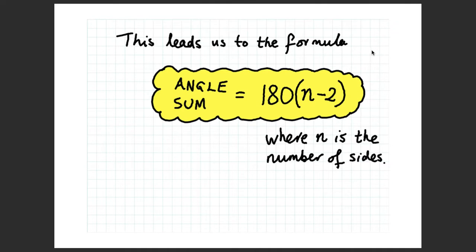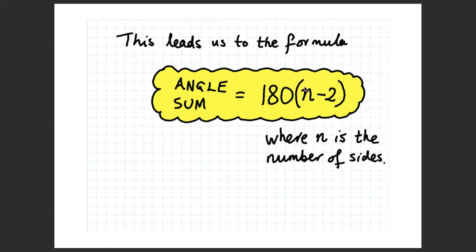So this leads you to a formula that the angle sum is 180 times n minus 2. So there's no symbol saying times between the 180 and those brackets, but when it's written like that in algebra, it's sort of implied. So when n is the number of sides, the angles add up to 180 times n minus 2.